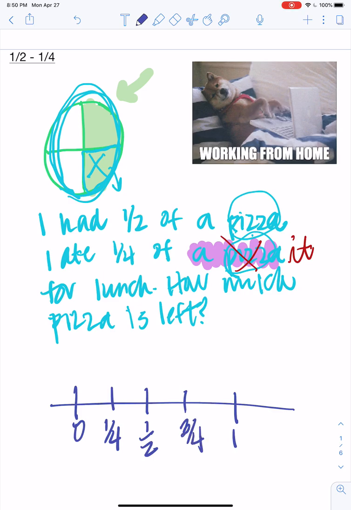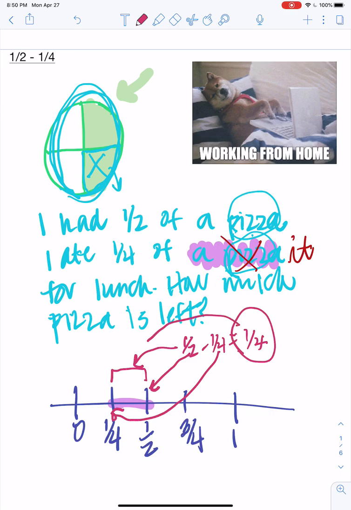One model that didn't come up in class that certainly could have is that we could think about the distance between 1/2 and 1/4. You can think of this as 1/2 minus 1/4 being 1/4, meaning this 1/2 being this number here, this 1/4 being this number here, and this 1/4 being the distance in between.